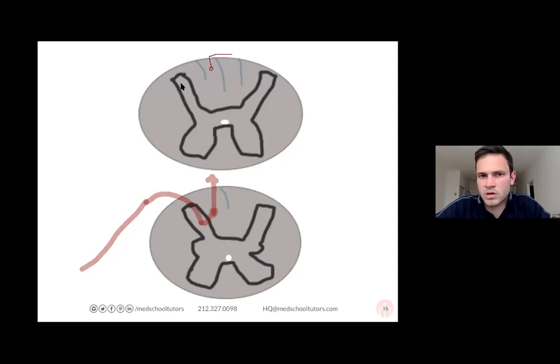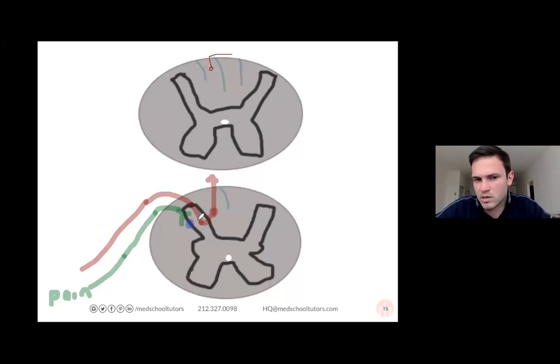In a different color, we're going to do the pain and temperature. So I'll do pain here in green. This is where it'd be helpful just for the motor act of drawing. It might help you remember it. This one's going to come in. It's going to ascend like 1 or 2 levels, and it's going to synapse immediately, right? It's going to pass the baton. So I'm going to draw a new nerve here.